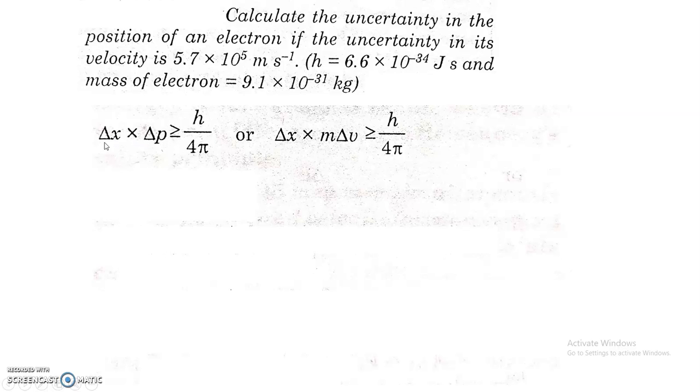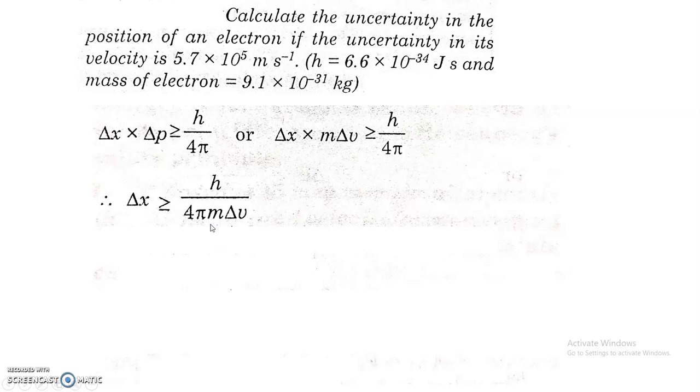Actually delta x is the uncertainty in position, delta p is the uncertainty in momentum, and you know momentum p is the product of mass and velocity. So this equation can be written as delta x into m into delta v, where delta v means change in velocity and mass remains constant, greater than or equal to h upon 4 pi.